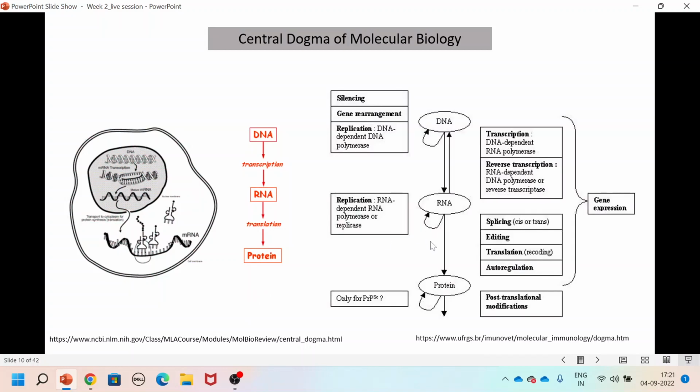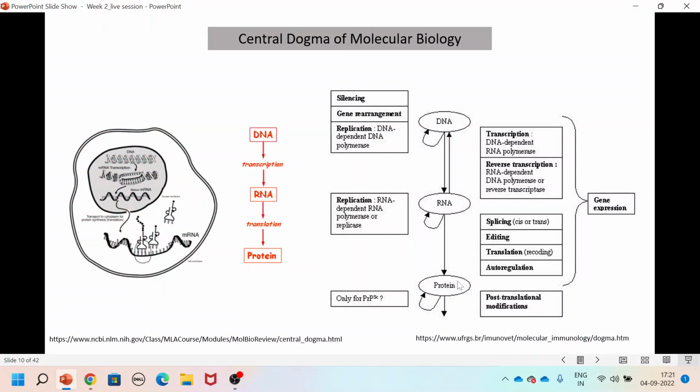But the modern view of central dogma of biology has some additional steps to it, where it says that not only DNA gets transcribed into the RNA, but DNA also undergoes self-replication with the help of the enzyme DNA-dependent DNA polymerases. Similarly, RNA might undergo self-replication with the help of RNA-dependent RNA polymerases or the replicase enzyme, which are present in certain retroviruses or RNA viruses that help in the replication of the RNA in those viruses.